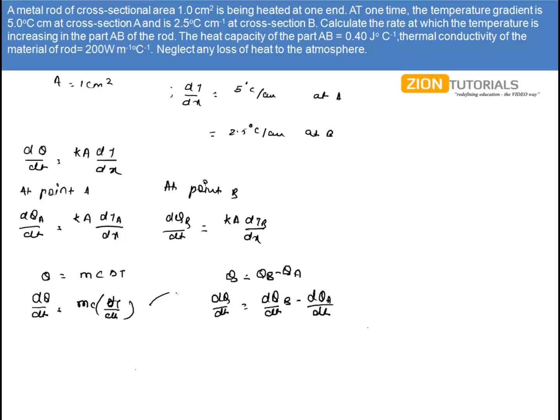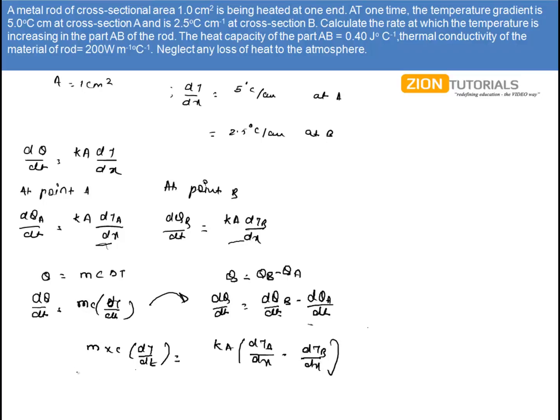So substituting this over here, I have mc dT by dt is equal to KA times dTA by dx minus dTB by dx.